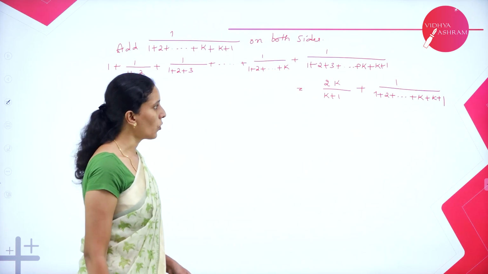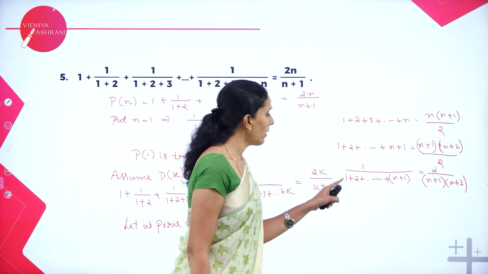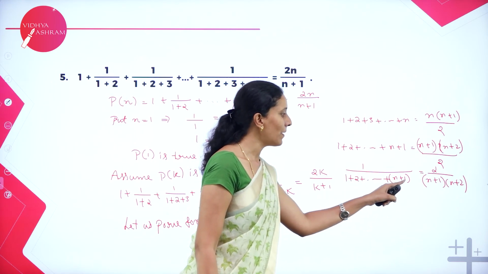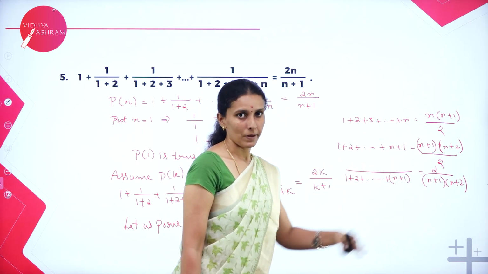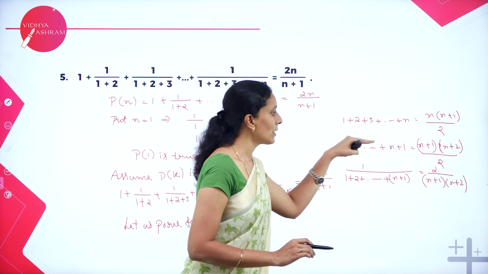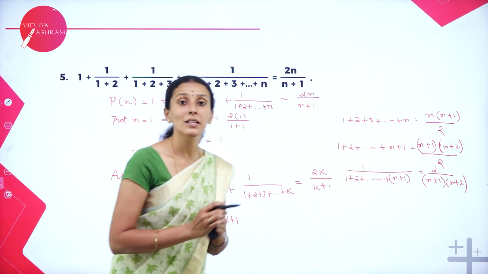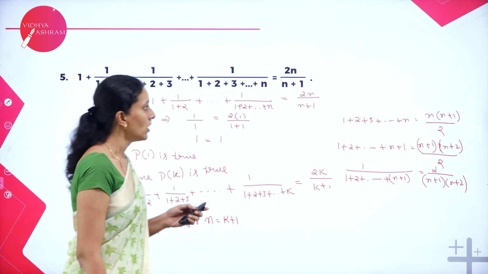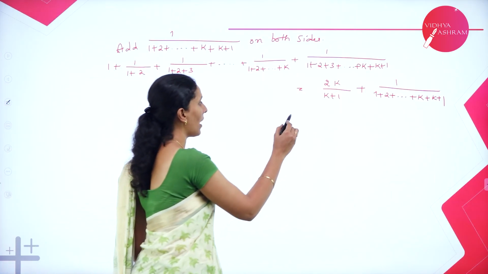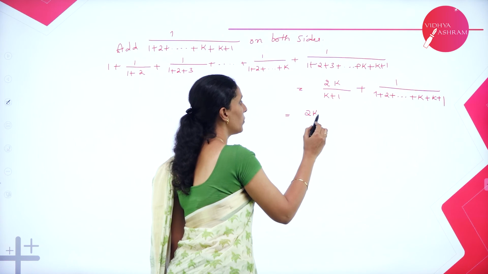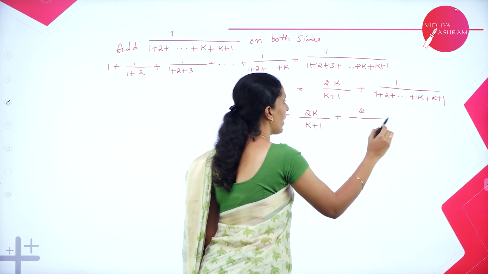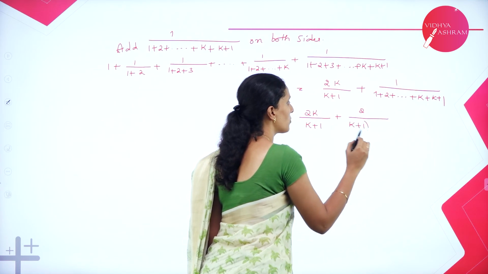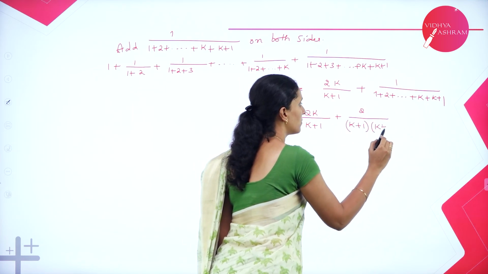I have already shown you that 1 divided by (1+2+...+(n+1)) can be written in the form of 2 by (n+1)(n+2), because it is the reciprocal of the sum of the first n+1 natural numbers. So therefore I can replace it by 2 divided by (k+1)(k+2).